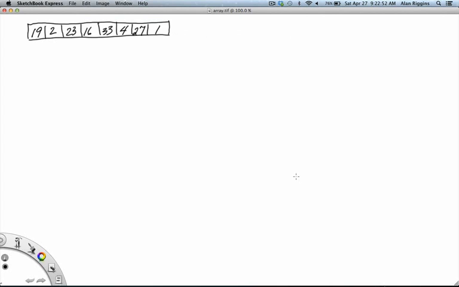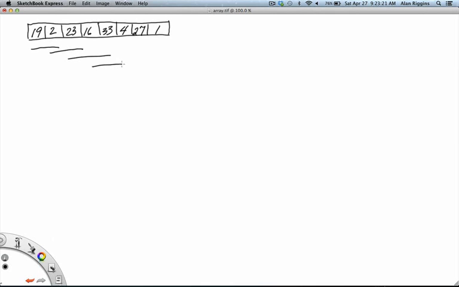So here we have a small array we will use to demonstrate bubble sort. The way bubble sort works is you start here and examine the first two elements in the array. And if they're out of order, you swap them. That is, the 2 is smaller than the 19, so these two need to be swapped. And then you move down to the next set and compare them. Then you move down to the next set and compare them.